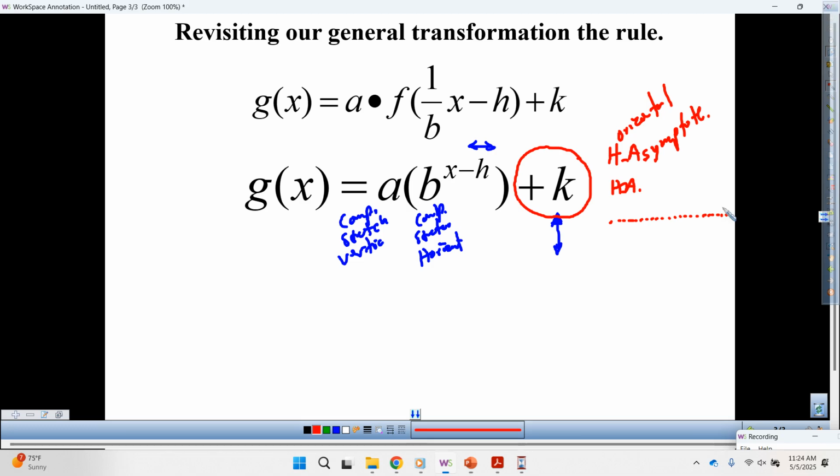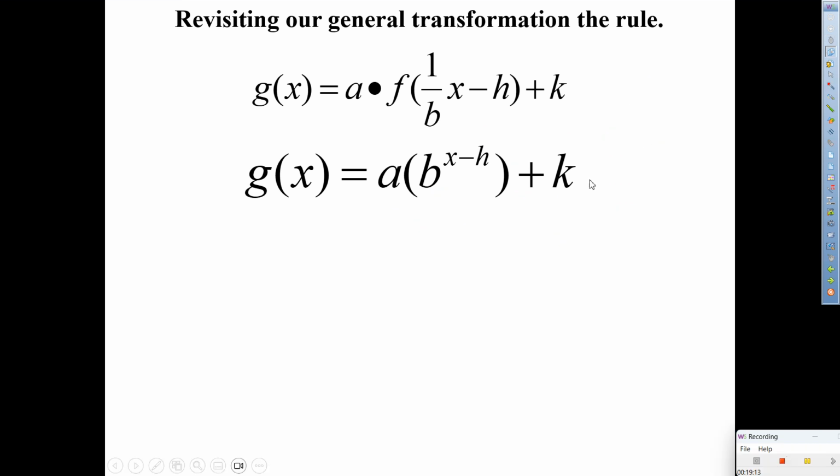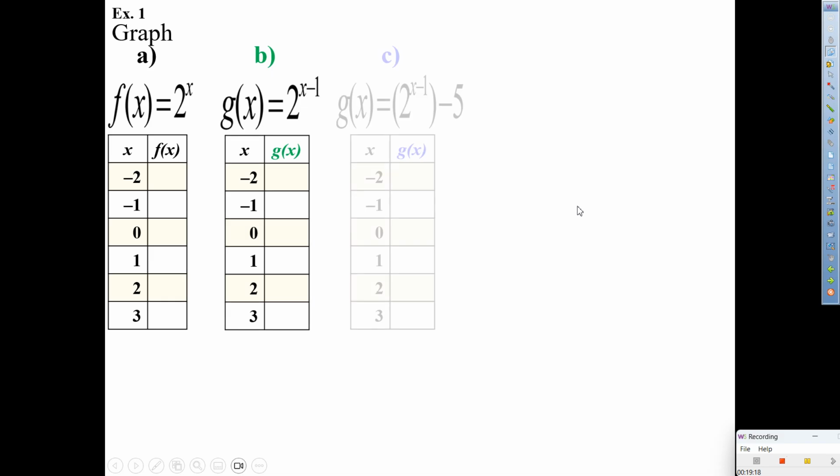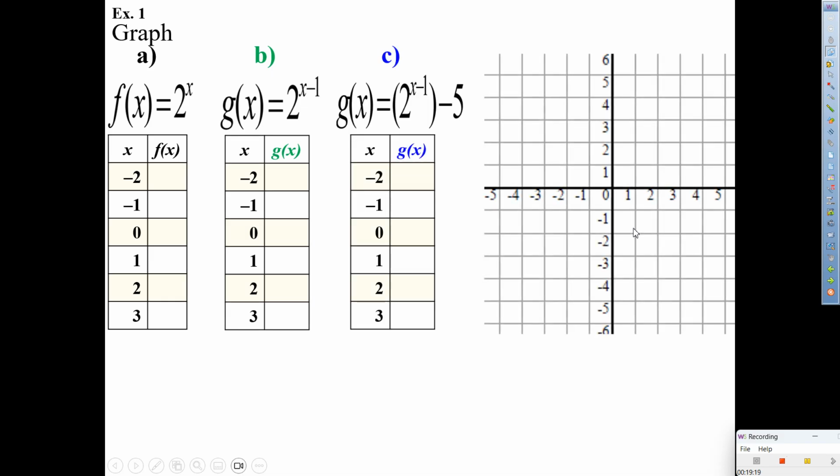All right. So, with that said, underneath that, you should have plenty of space. If not, start clean from the back side of your paper because we're going to need to graph and do transformations in there. So, in the back, example 1, copy these, please. I'll give you some time.